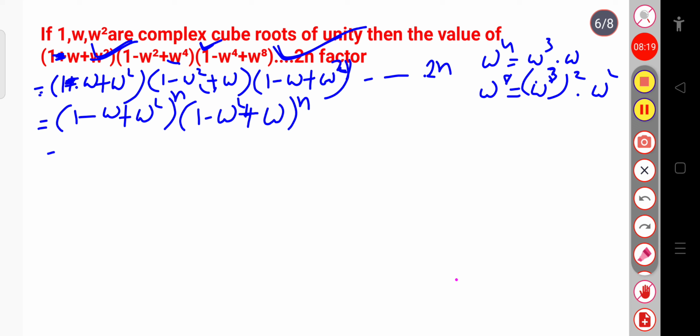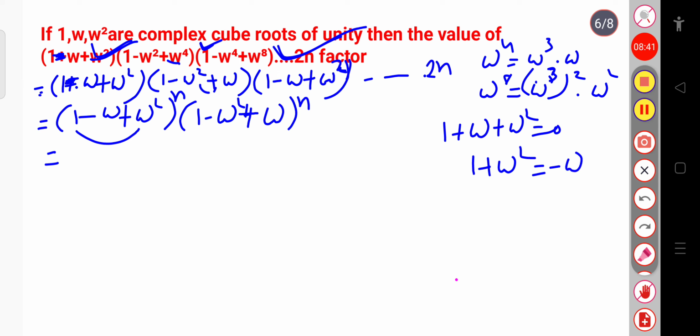Again this will be equal to, in place of 1 minus omega plus omega square, you know 1 plus omega square equal to 0. Here in place of 1 plus omega square I can write minus omega. So here I can write minus omega, again this minus omega, so hence minus omega power n.